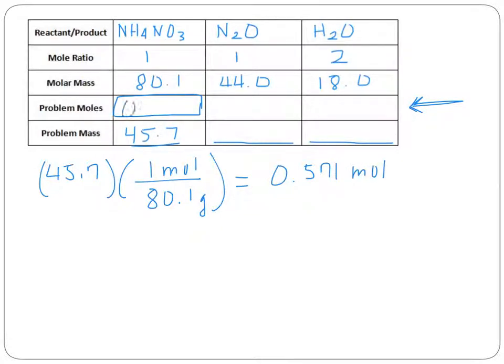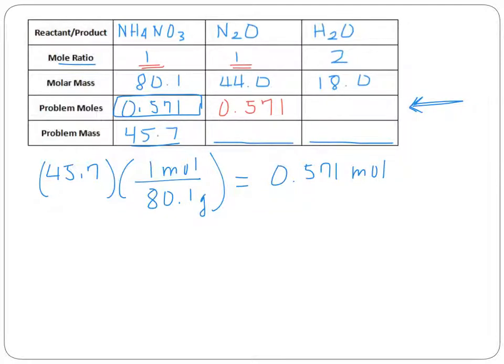And so that's the first step. And then you use your mole ratios to determine how many moles you have of your other substances. So the ratio between the ammonium nitrate and the dinitrogen oxide is 1:1. So of course you will have the same number of moles of dinitrogen oxide produced.